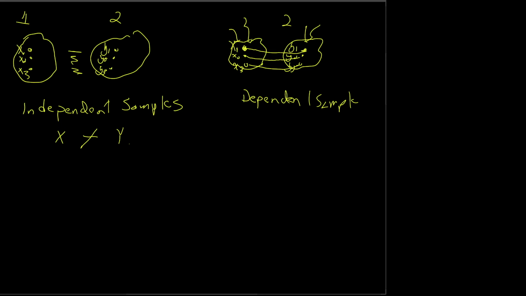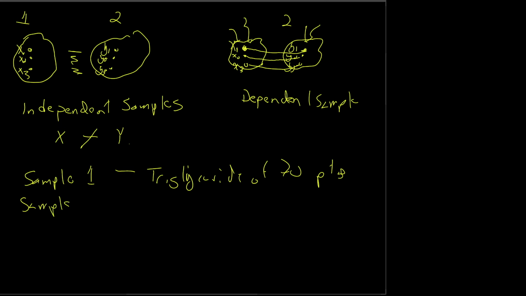For an example, if we have sample number 1, and in it we have triglyceride levels of 70 patients, and sample 2 is the same 70 patients after a treatment.